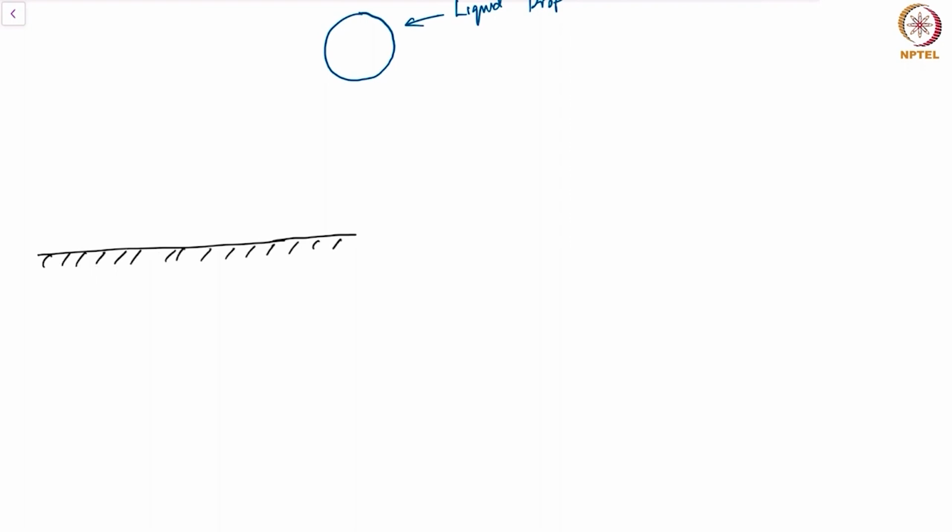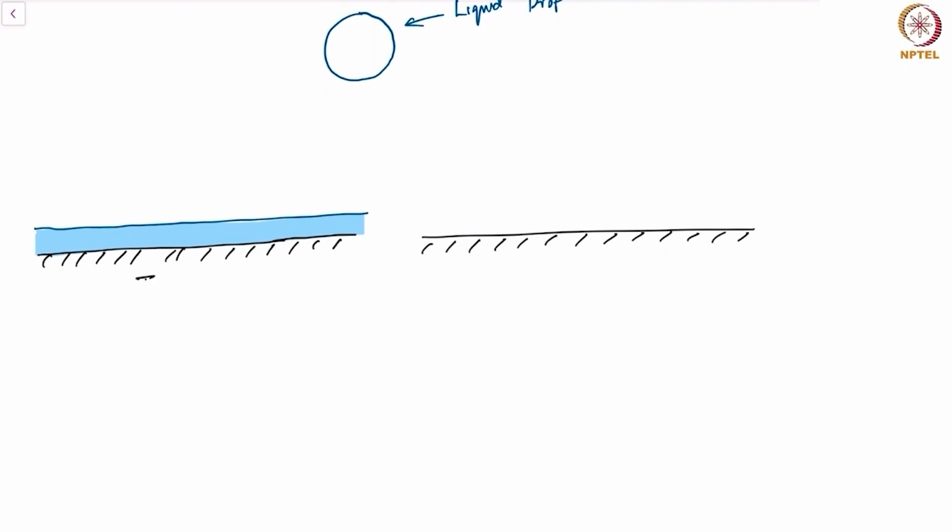Now, there are two possibilities. So the first possibility is that the liquid completely wets the surface. And this scenario, we can call it total wetting.